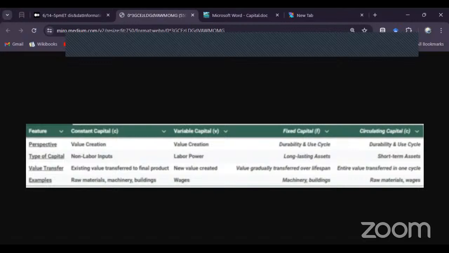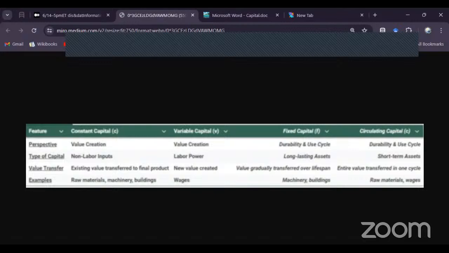Value transfer, whether you move the existing value of things like raw materials, et cetera, that is transferred to the final product, and that you create new value under variable capital. So new value is being created. Now, this is the moment when it's created, not when it's transferred. So that will be the difference between the other pair. So some examples that are used, for example, here, raw materials, machinery, and buildings, and the variable capital, which is mentioned in volume 1, is wages.